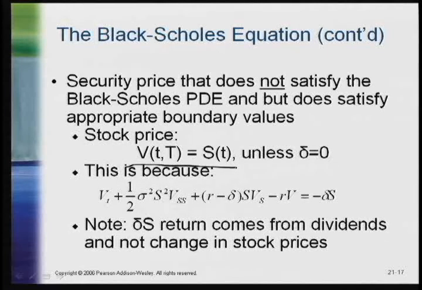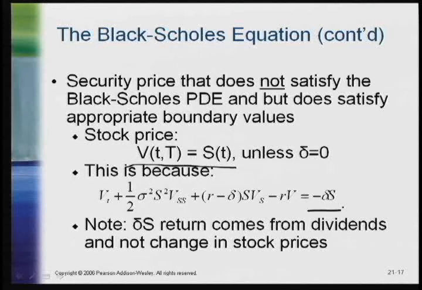And consequently, when we put S into this differential equation, we don't get 0, we get minus delta S. And the reason is that this differential equation ignores what happens to the dividends that are paid on the share.